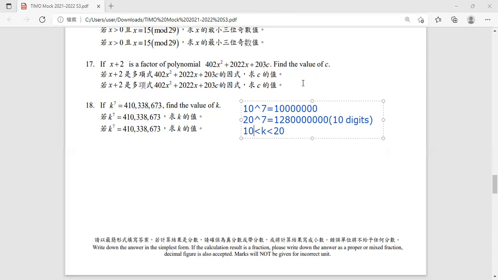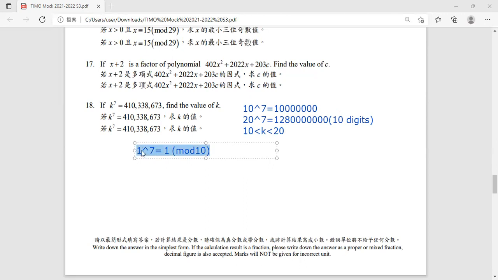Now I check the numbers. You can check the unit digit for each one. If the unit digit is 1, 1 to the power 7 equals 1.